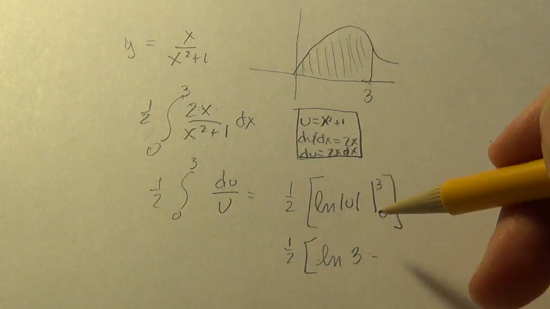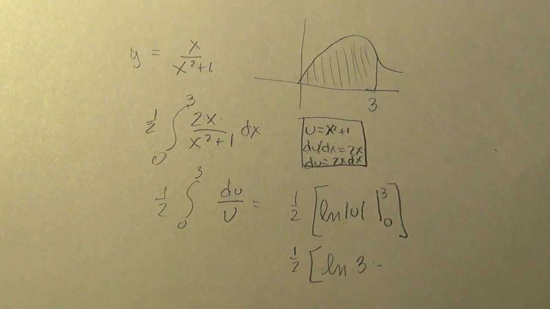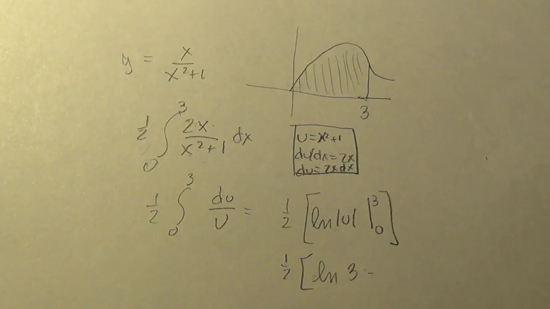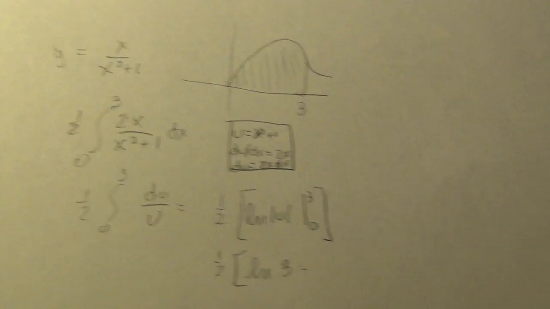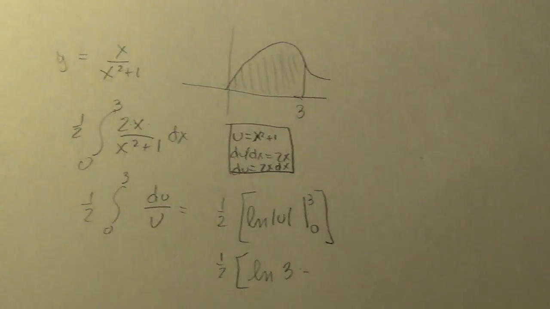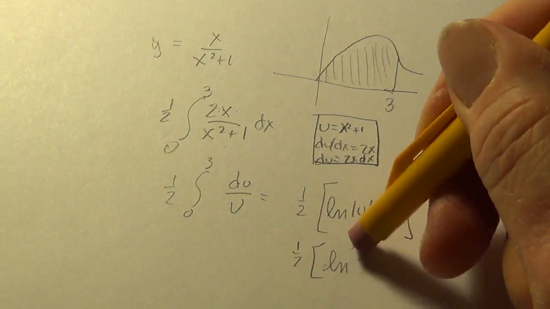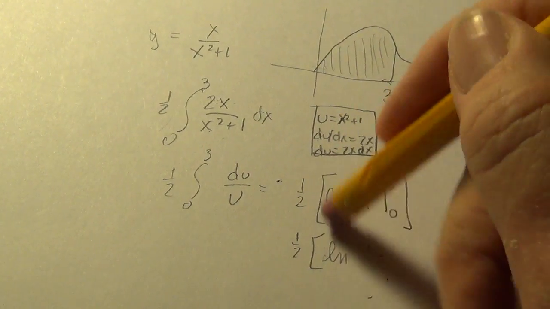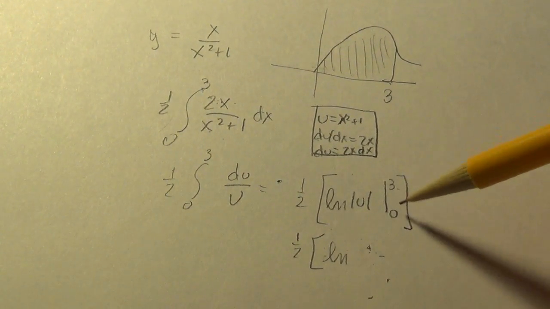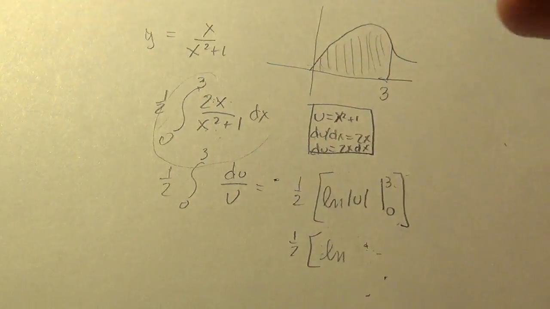So I'm going to put in 1/2 ln of 3 minus ln of, wait a minute. Oh yeah, ln of u, let me see. All right, before I put in the 3, I can't put the 3 into the u. Sorry about that. I have to go back to x, because these values, 3 and 0, are from when we started, we had a problem all in x.